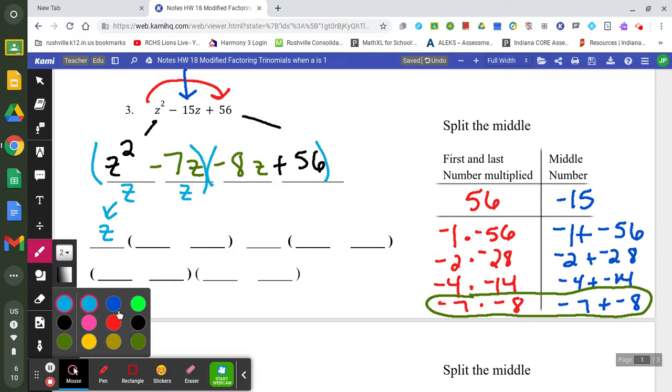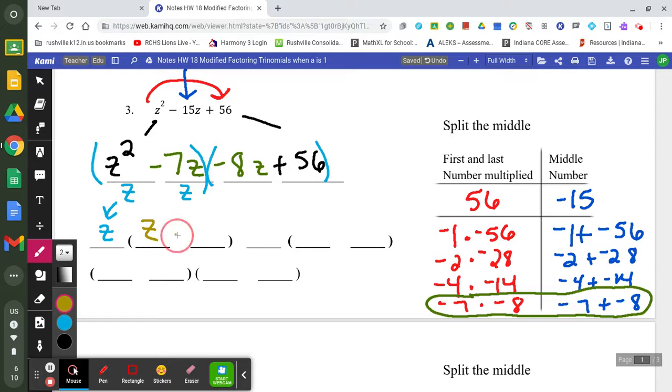And then Z squared divided by Z is Z. Negative 7Z divided by Z is negative 7. And then my greatest common factor for negative 8Z and positive 56 is going to be negative 8.